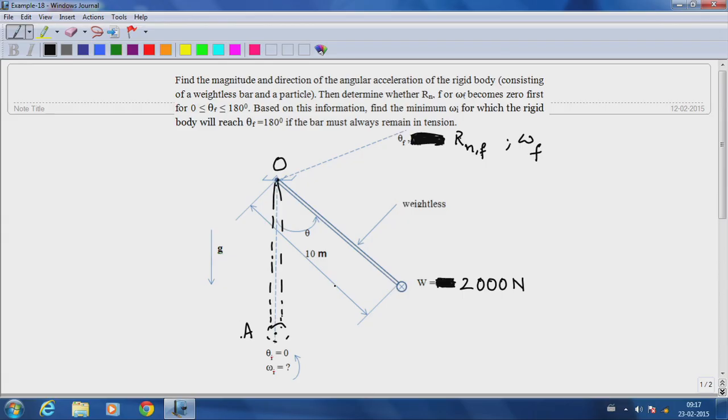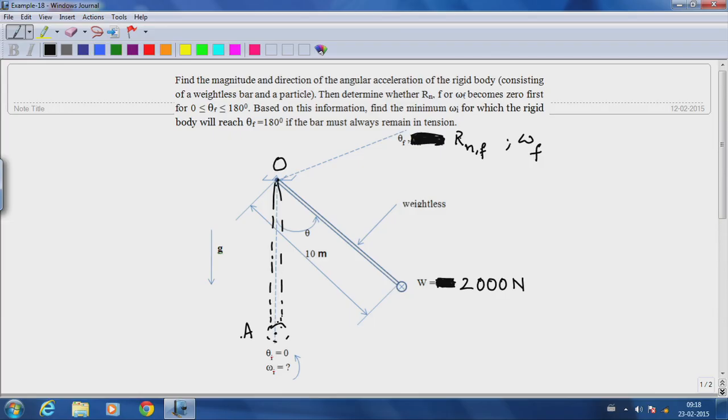So, we ask ourselves two questions. One, this bar is a weightless but rigid bar. So, it is able to sustain both a tensile force in it as well as a compressive force in it. So, we ask ourselves the question, if this was a rigid bar, what angular velocity omega I do I need to make it do a full circle? The second question we can ask ourselves is, if this was not a rigid bar but a weightless string.